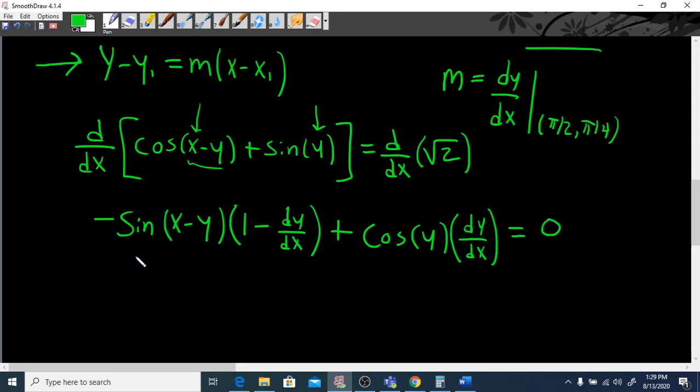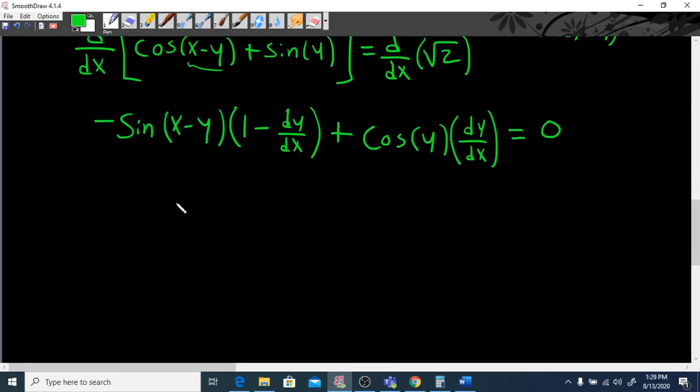All right. So, just like all the other implicit problems that we've looked at, we want all the dy dx terms on one side and all the terms not involving dy dx on the other. So that means we have to distribute this sign. Negative sine of x minus y times 1 is, well, negative sine of x minus y.